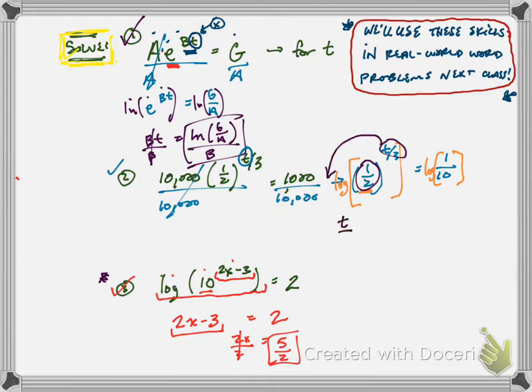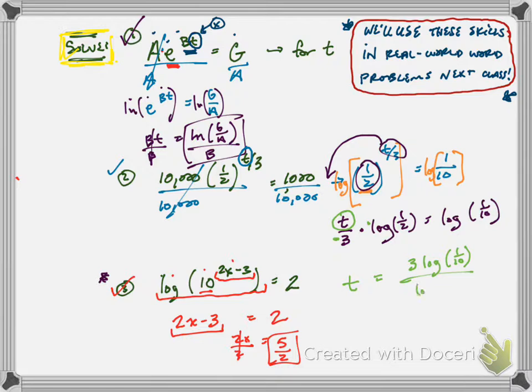And so that leaves us with t over 3 times the log of 1/2 is equal to the log of 1/10. Now, I want to isolate t. That's been the goal all along. In order to isolate t, I'll multiply by 3, and I'll divide by the constant log of 1/2. And so that leaves us with t is equal to 3 times the log of 1/10 over the log of 1/2.